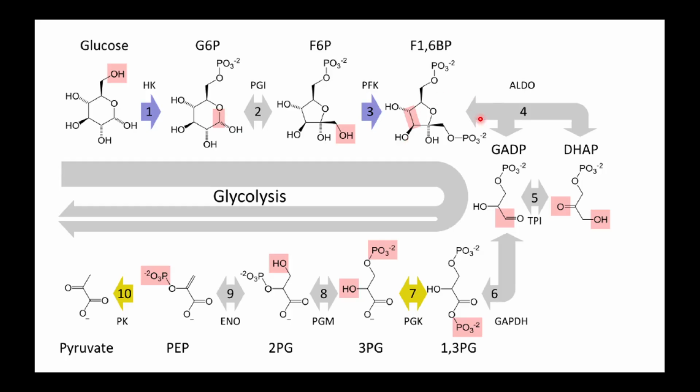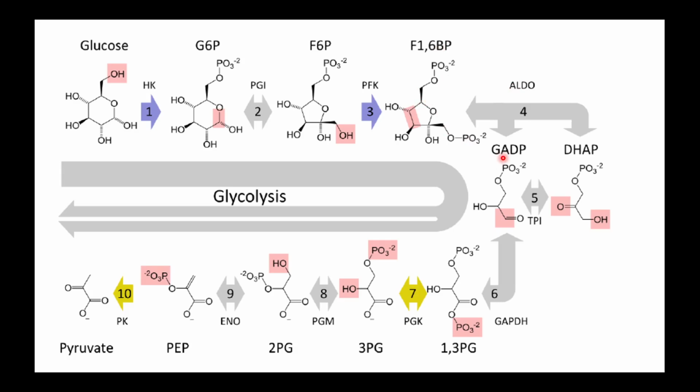From this, we get two intermediates. Fructose 1,6 bisphosphate is broken down by aldolase into two compounds.